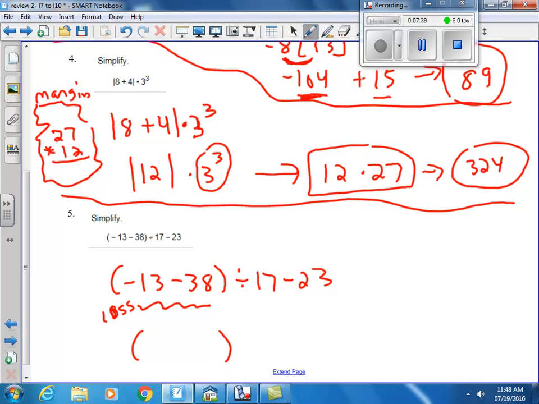And you might even, if you need to, go off on the side and say, okay, well, I'm just going to add 38, like sign, so I'm going to add 38 and 13 to get 51, but know that it's a loss of 51. And then eventually divided by 17 minus 23.